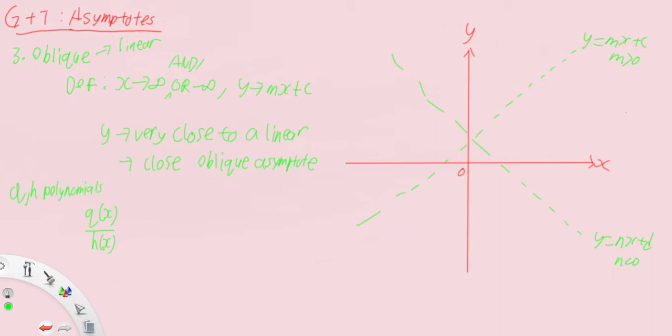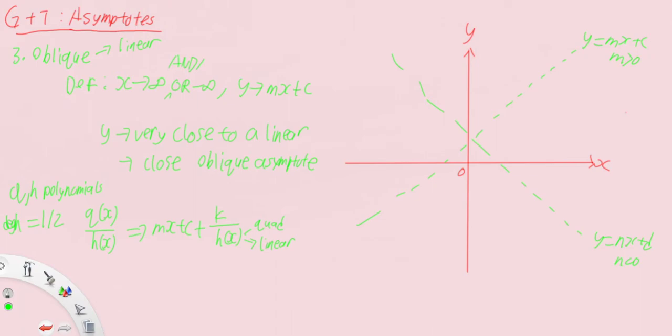Mainly, the degree of h is either 1 or 2, that means it's either quadratic or linear, and then you get the form of basically a linear graph, mx plus c, plus a constant over either a quadratic or linear polynomial. So this is the idea where you have mx plus c plus k over h(x), where again h is either quadratic or linear.